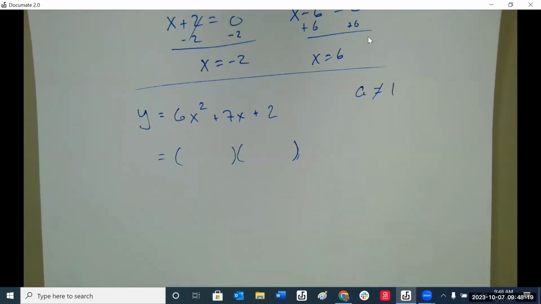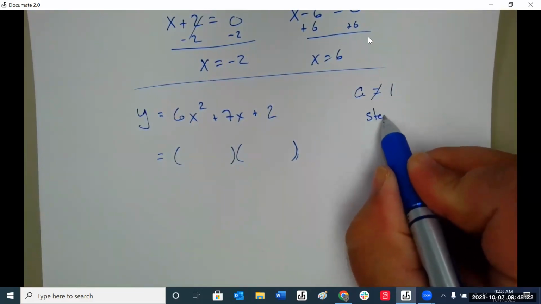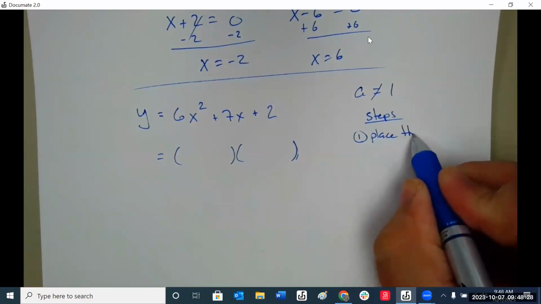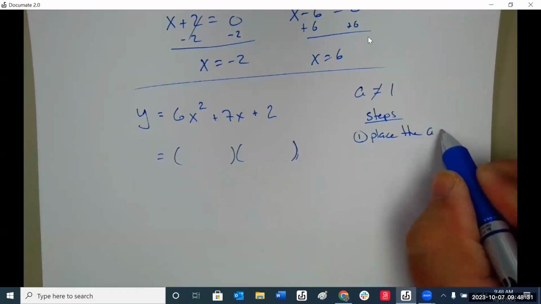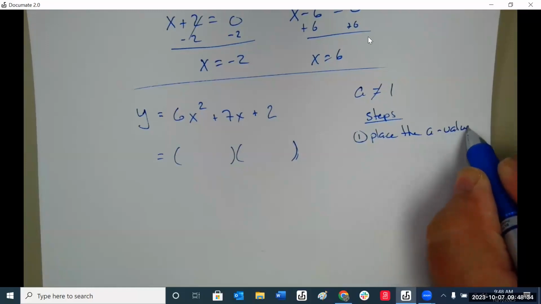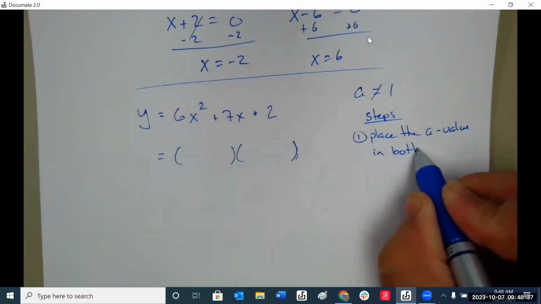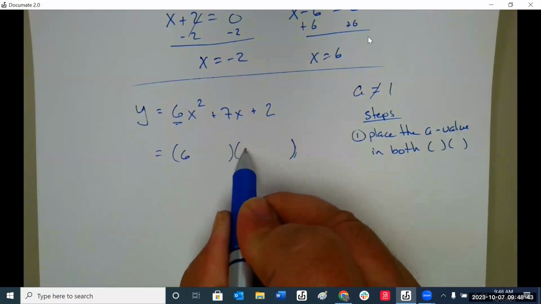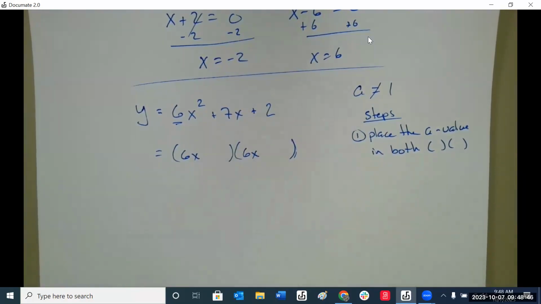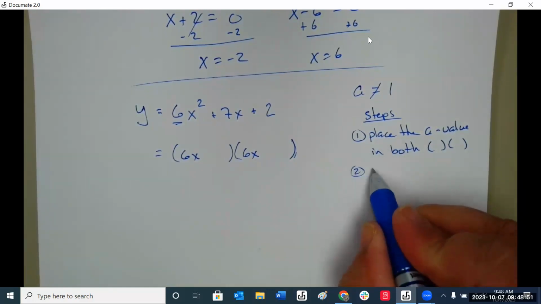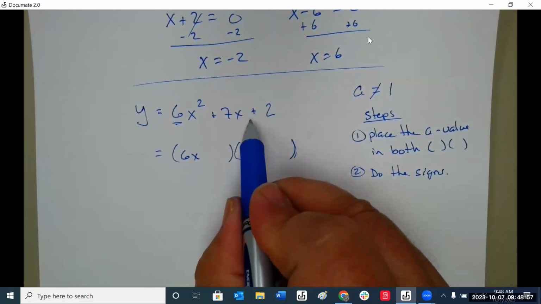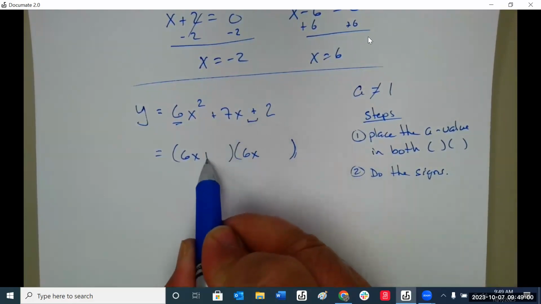Here's the easier way that I show my students. First, place the a value in both parentheses. So we put 6 here and 6 here. So it's 6x, 6x. Do the signs. Since the second signs are positive, they're both the same. They're both positive.